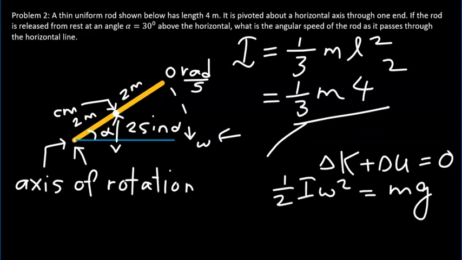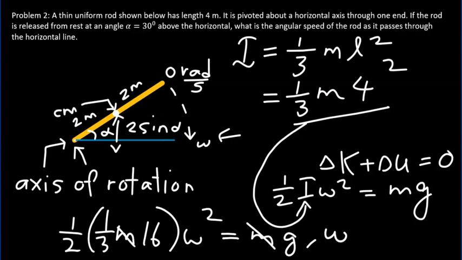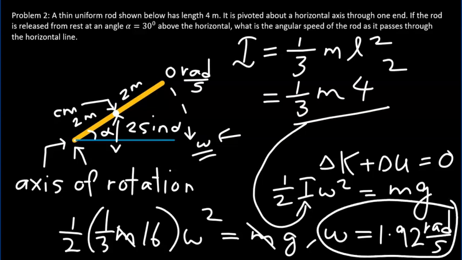Substituting the expression for I in here, we will get 1/2 times 1/3 m times 16 omega squared equals mg. The mass will get cancelled, and we can solve for the angular speed of the rod as it passes through the horizontal line, the final angular speed that is, and that will be 1.92 radian per second, and that solves the problem.